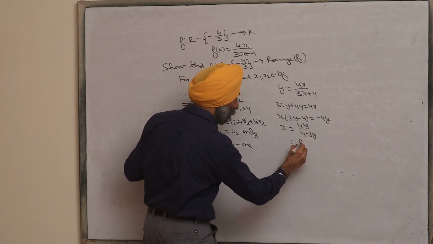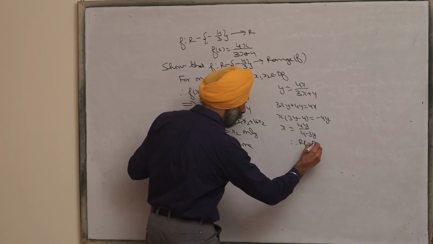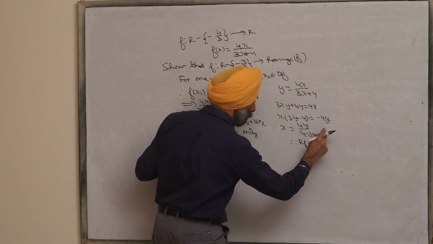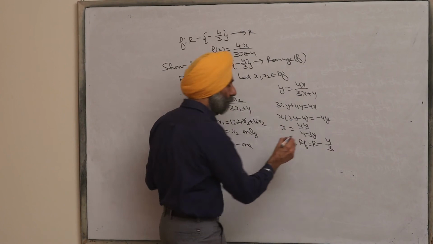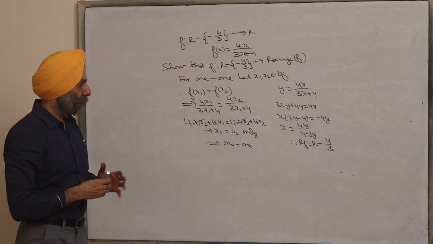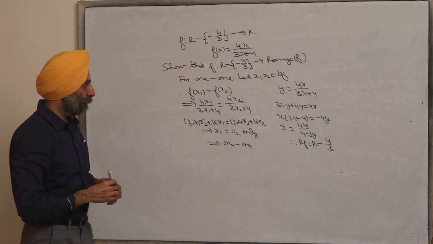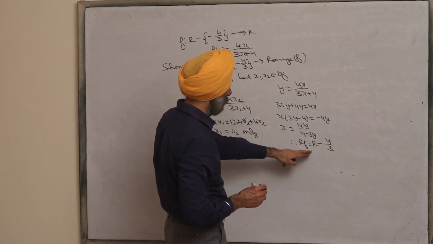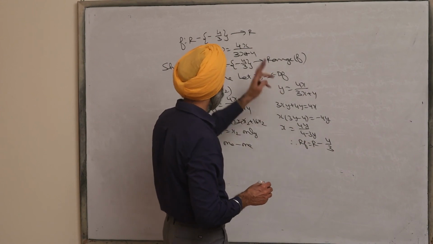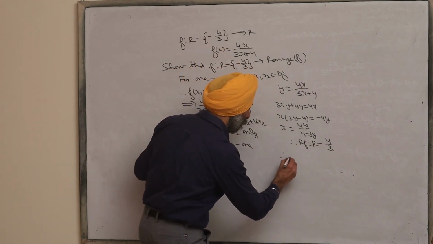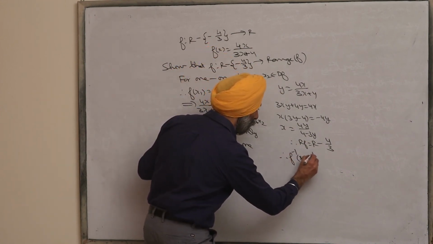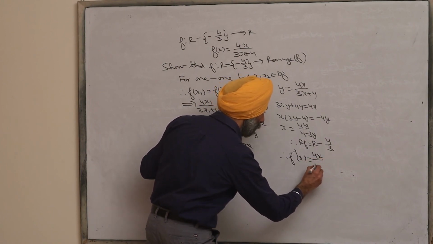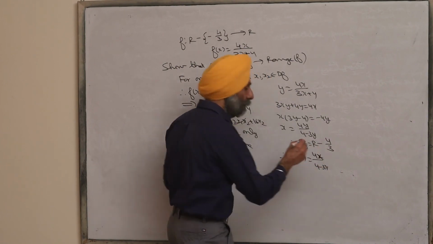So therefore the range is the whole of the real line except, because this should not be equal to 0, y cannot be equal to 4 over 3. Now when the function is defined from this to the range, this becomes onto. Now therefore f inverse of x is equal to 4x upon 4 minus 3x.